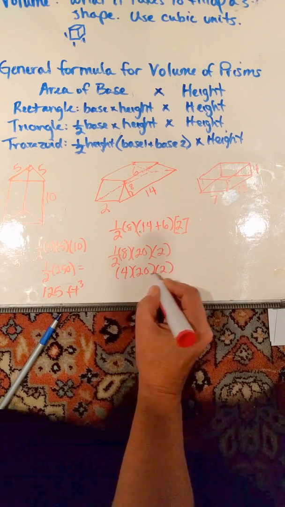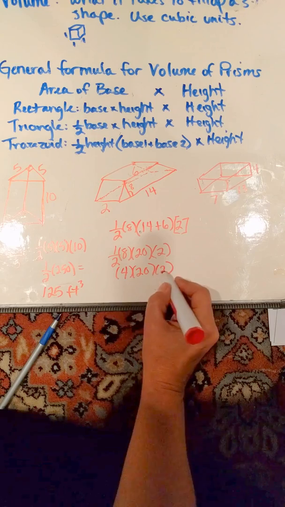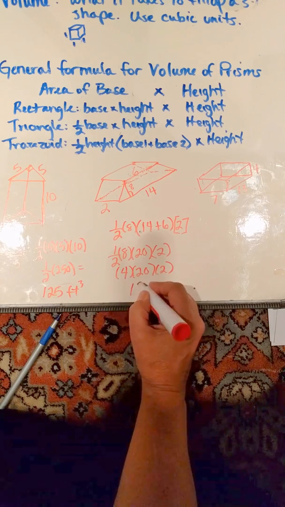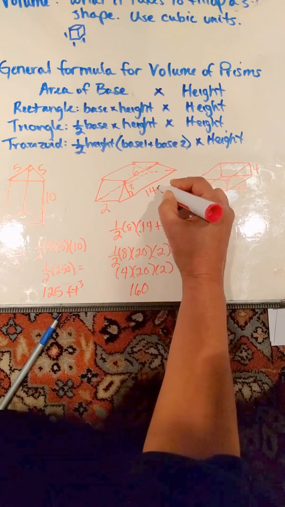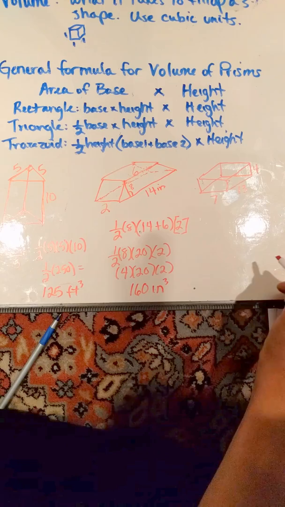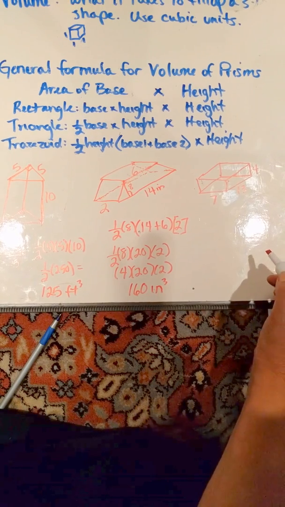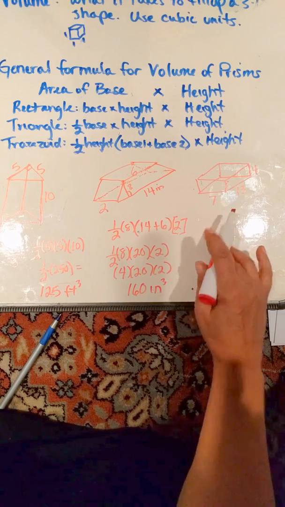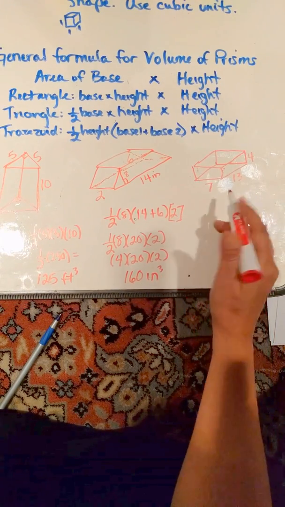So this would be 80, or 20 times 8 is 160. Or 80 times 2 is 160. So 160, and if, let's say, these were inches, it would be inches cubed. And that's the volume.